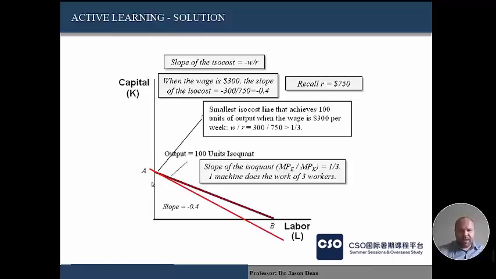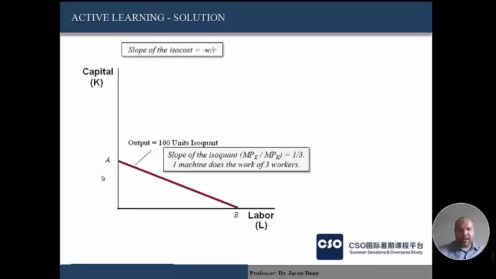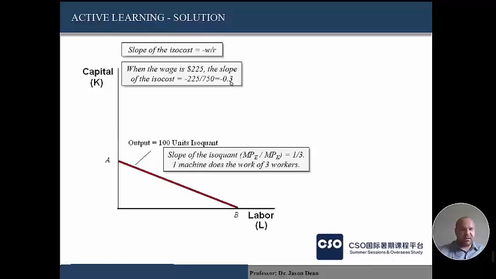Now in B, it says, what if the wage is 225? Well, then the slope of the isocost line will be 0.3. So that's lower in absolute value than 1/3.